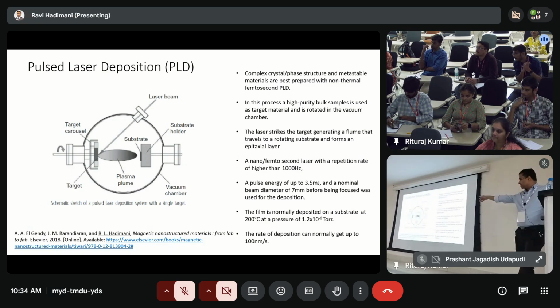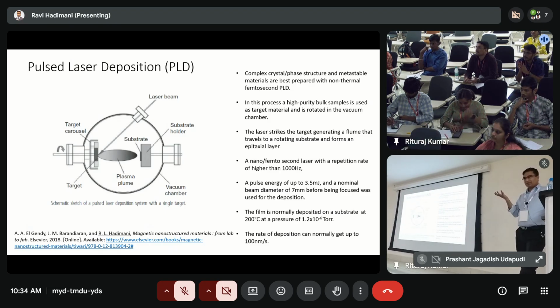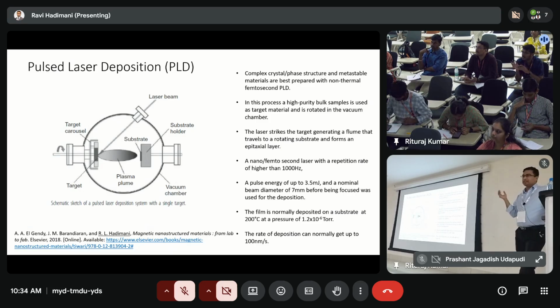So I deposited a thin film of gadolinium silicon germanium that nobody had done before, because many people had tried. Because it's such a complex phase, any small temperature change disturbs the phase, and it's difficult to get that phase back.